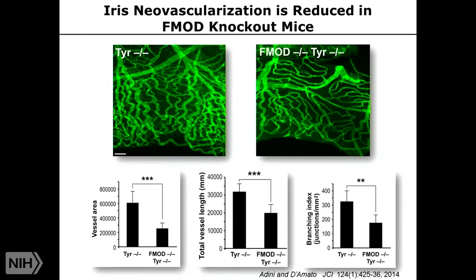And lastly, in this paper that we published in JCI this year, they wanted us to show that we could knock it out, so we used fibromodulin knockouts that were albinos. So we're looking at the surface of the iris after a pellet of growth factor is placed, and you see that tremendous angiogenesis that I showed you before, and if you knock out fibromodulin, you see a marked drop in angiogenesis, quantified here.